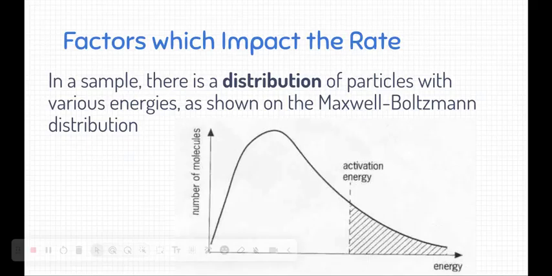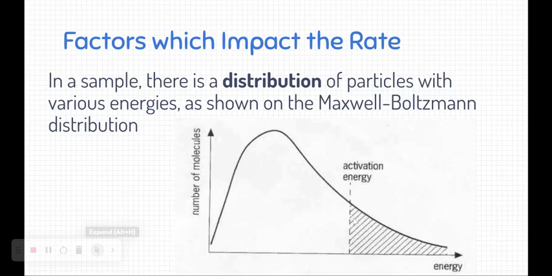Now let's consider how temperature impacts the percentage of successful collisions. It's useful in this case to observe a Maxwell-Boltzmann distribution. If you're not familiar with this distribution before, the y-axis shows us the number of molecules in a given sample. The x-axis shows us increasing kinetic energy.